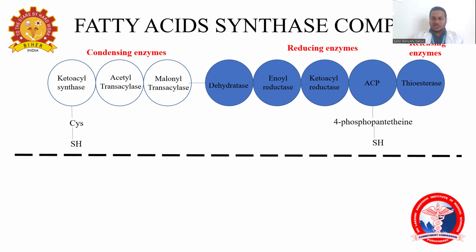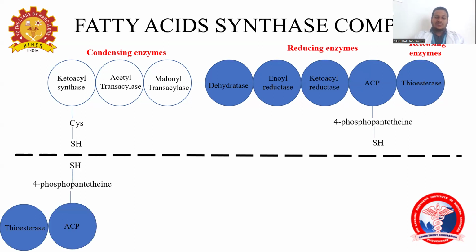So we have another section of the enzyme complex where thioesterase will be at the last, which is known as the releasing enzyme. Along with the ACP, which is the acyl carrier protein with 4-phosphopantetheine and the sulfide bond, this will attach with ketoacyl synthase. This will be formed very easily.